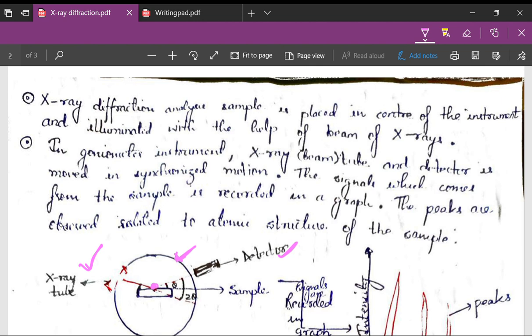Thus, when the X-ray tube focuses X-ray on the sample, there is emission of signal from this sample, and this signal is recorded on the graph.